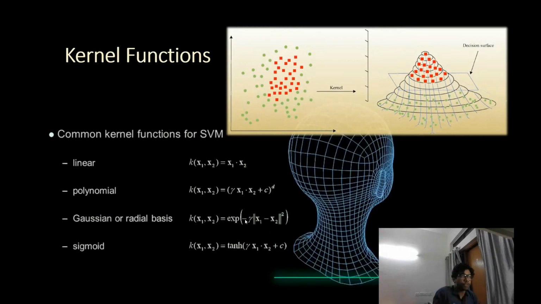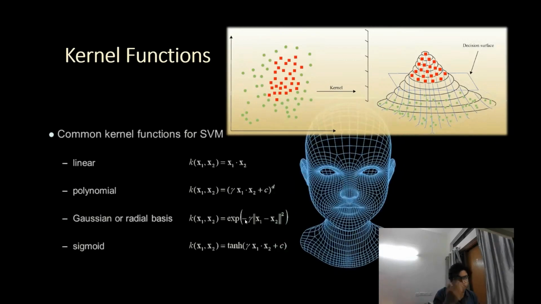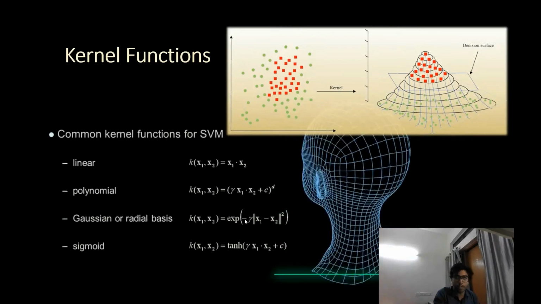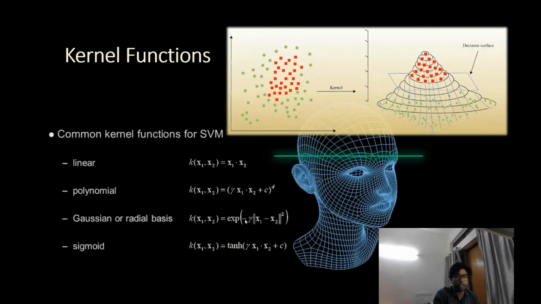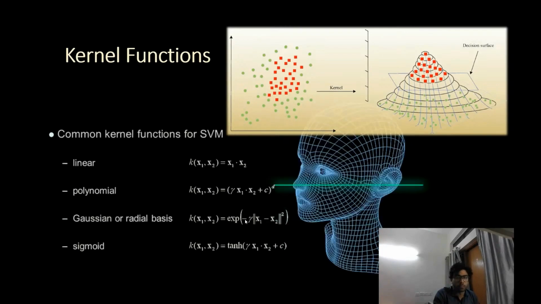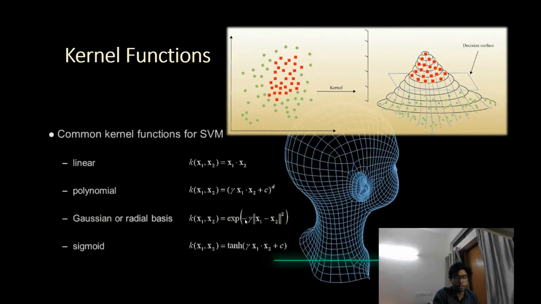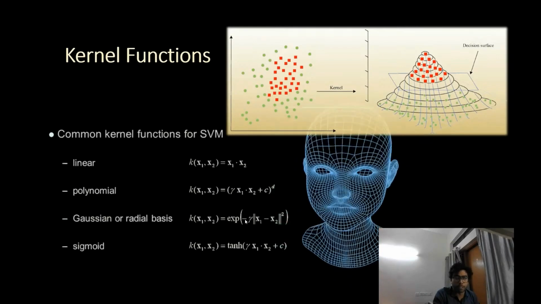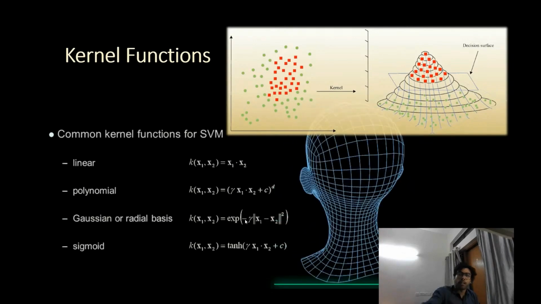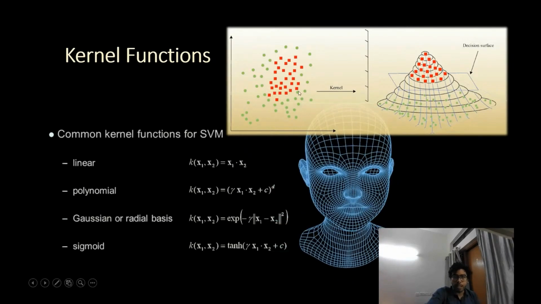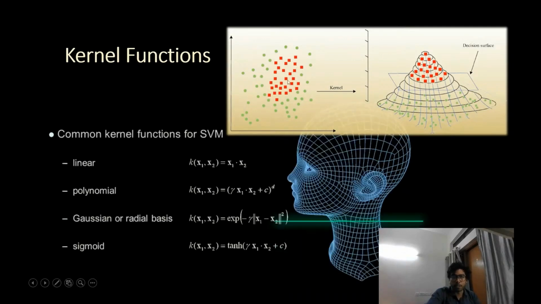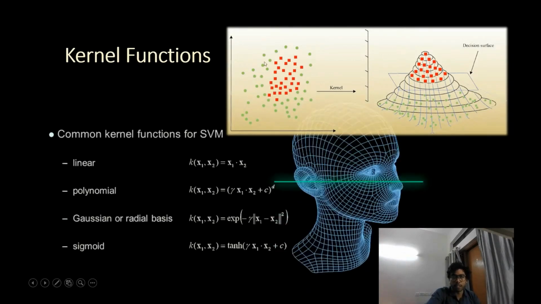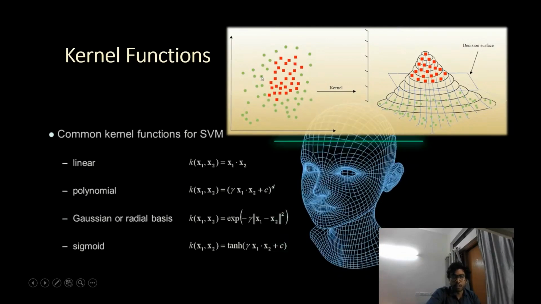We'll see a hands-on exercise on the usage of all these kernels after this slide. So that will become clearer on how to tune the hyperparameters like C, D, gamma, and so on.